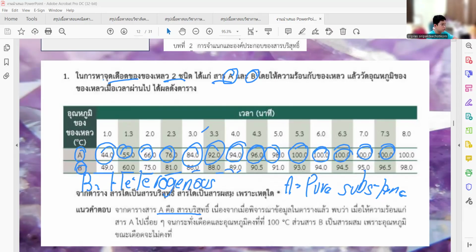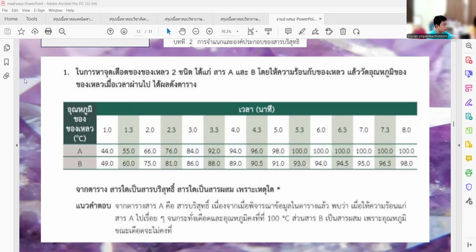I'm too lazy to write it. Because the boiling temperature is not constant, right? So I'm correct. A is a pure substance, and B is a heterogeneous substance. All right, we're gonna erase this.